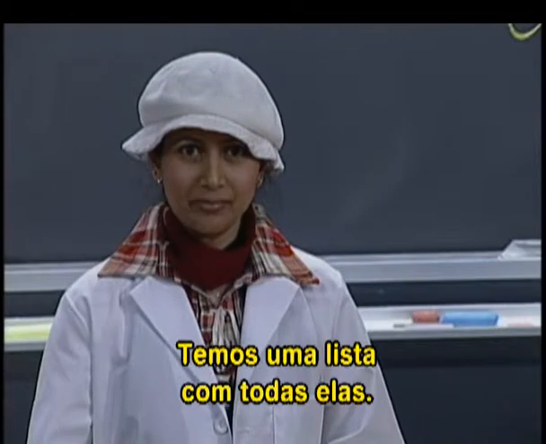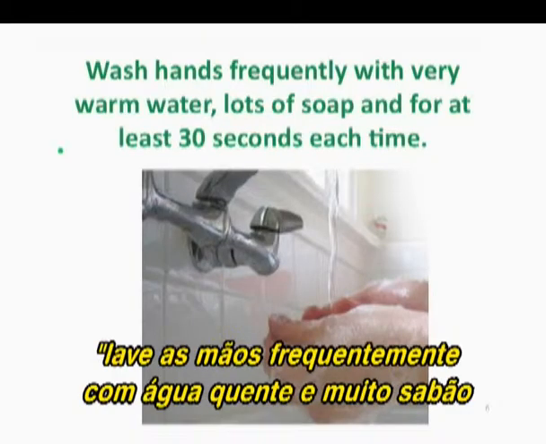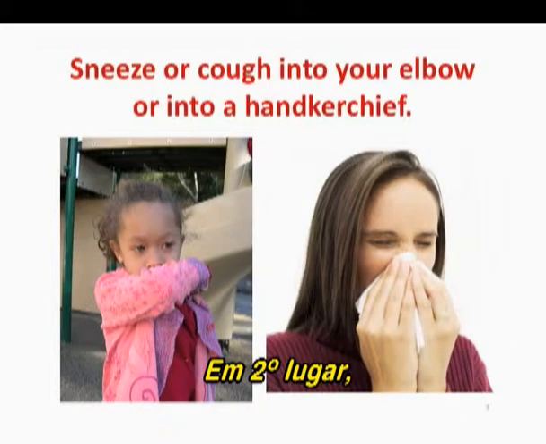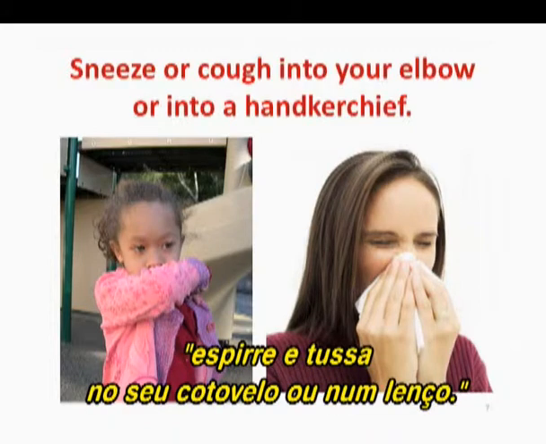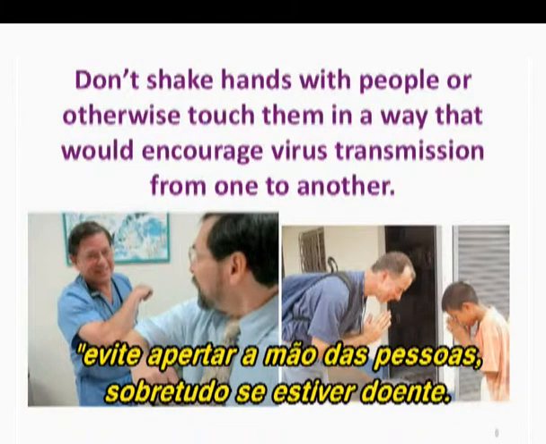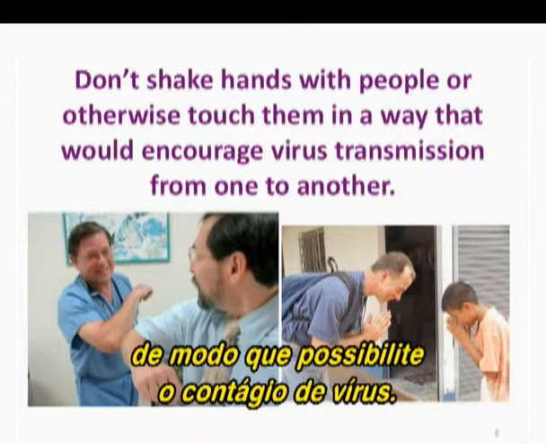Here's a list of all of them. First of all, wash your hands frequently with very warm water, lots of soap, and for at least 30 seconds each time. Secondly, sneeze or cough into your elbow or into a handkerchief. Thirdly, avoid shaking hands with people, especially when you're sick, or otherwise touch them in a way that would encourage virus transmission from one person to another.